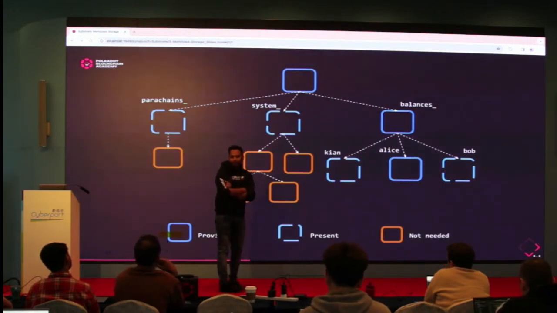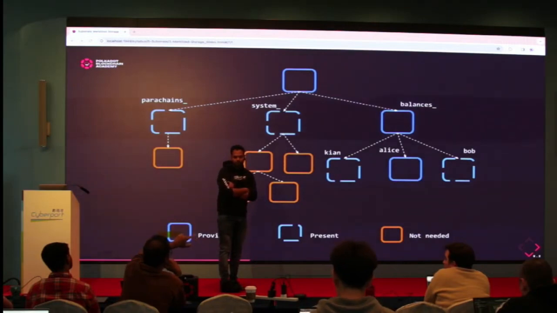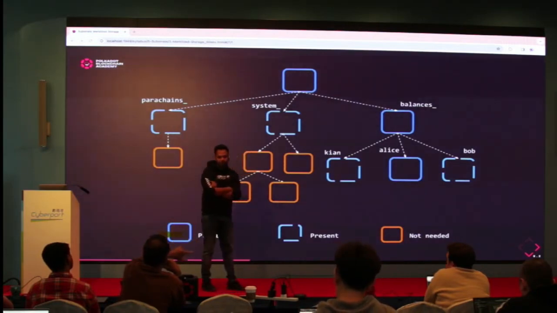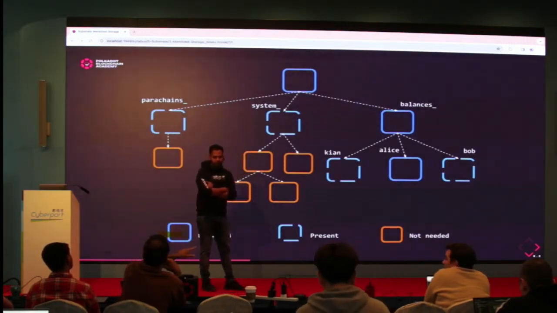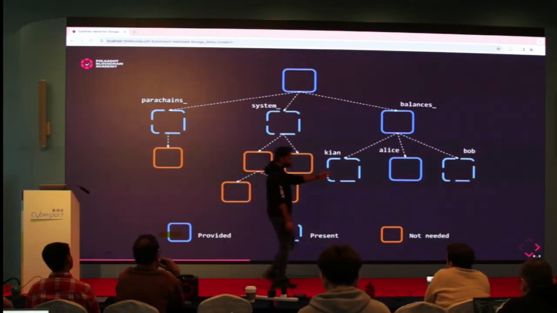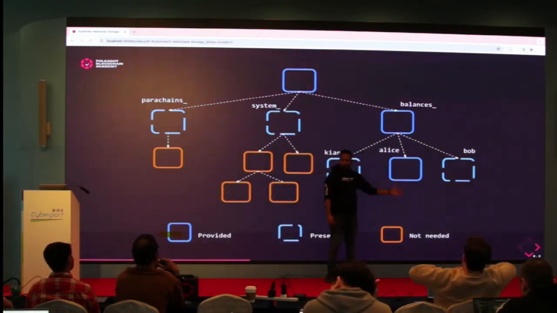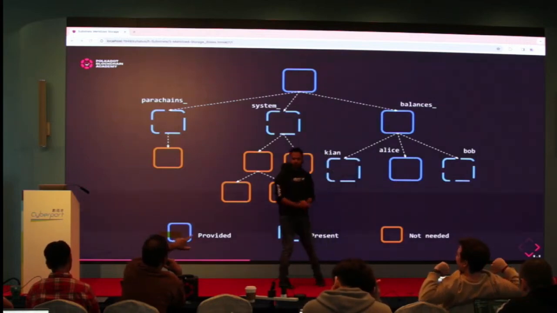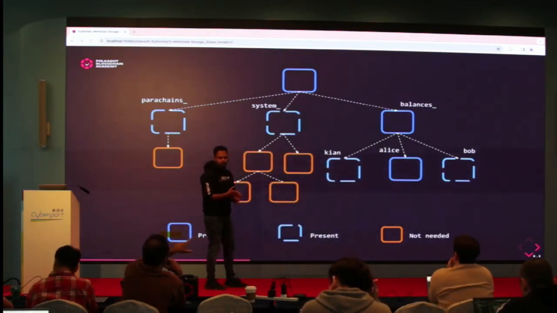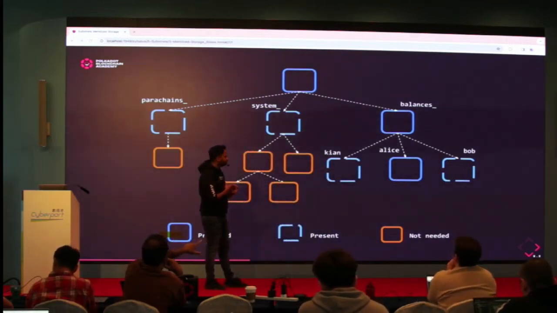If she has the node, she can calculate the hash herself. She has the state root, right? Now she will get the hash of all these 3 because all these nodes have the hash. If you have the node, you can calculate the hash of it. The balances node has the hash of Kian, Alice, and Bob.